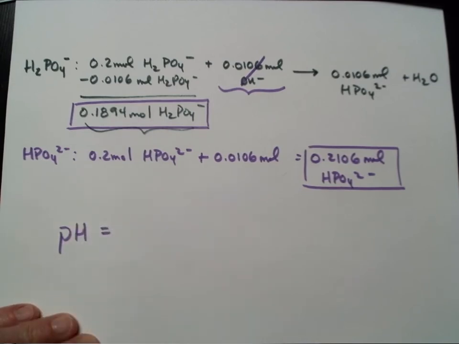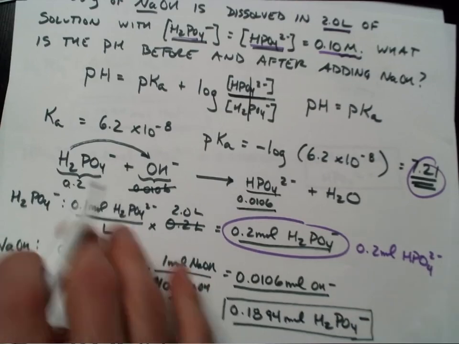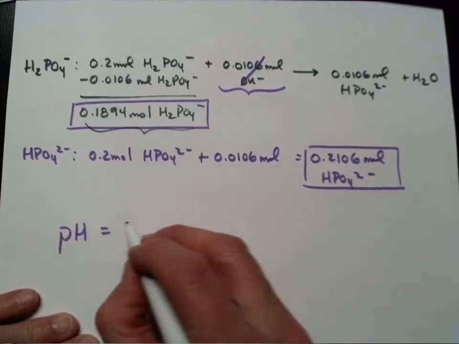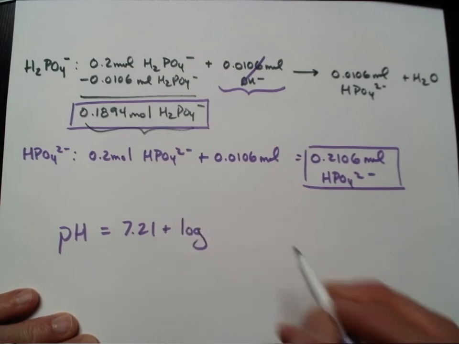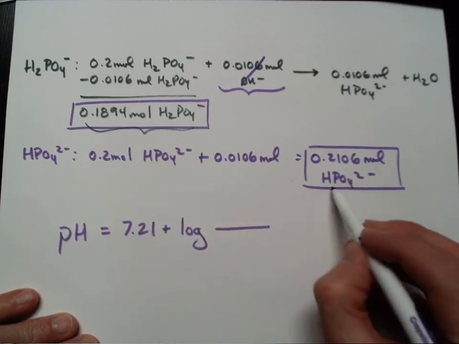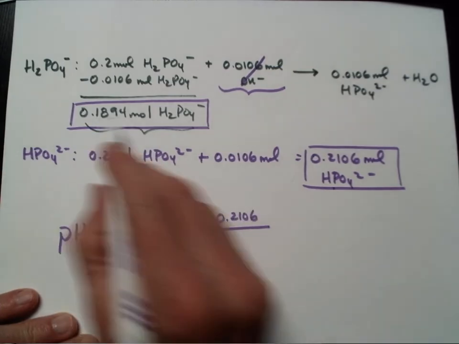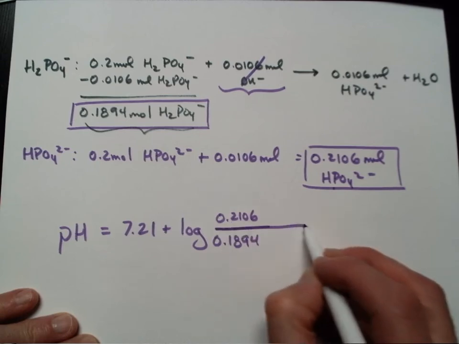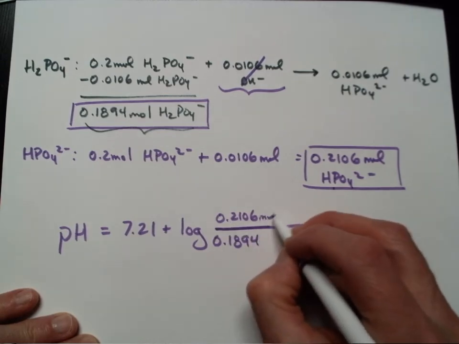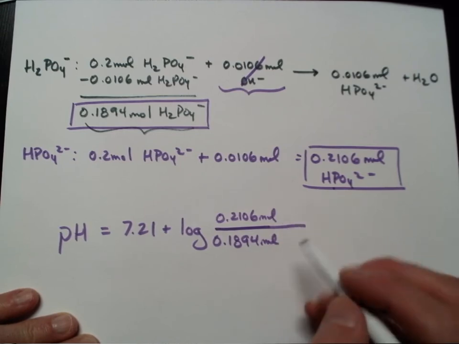The pH is the pKa, which we calculated last time as 7.21 right over here. So my pH is my pKa, 7.21, plus the log of the base concentration divided by my acid concentration. Wait, Dr. K, you say, why didn't you divide by the volume if we're doing concentrations here? Well, I can.